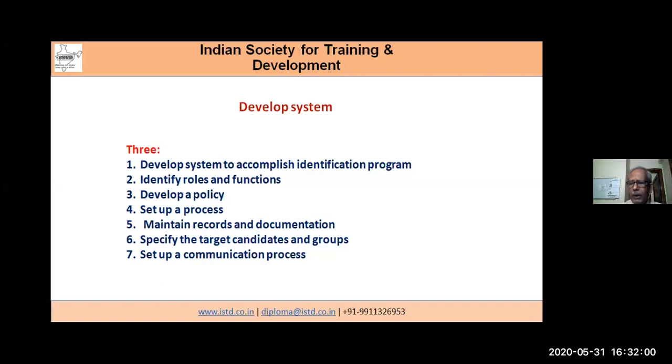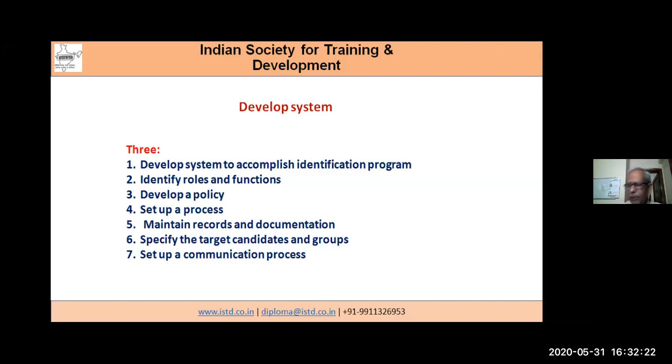Similarly, within the organization also, there should be a communication process, so that interested people with requisite skills and capabilities can get an opportunity to be selected as a talented person, so that he can be developed, and further steps can be taken in the process.